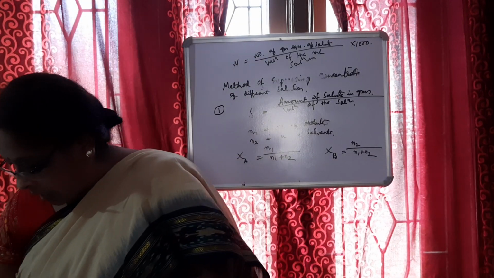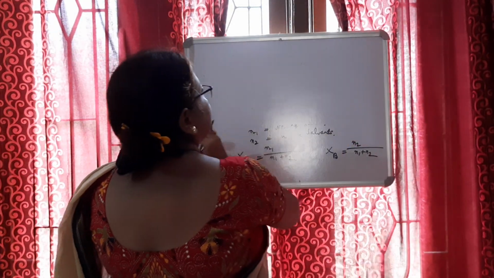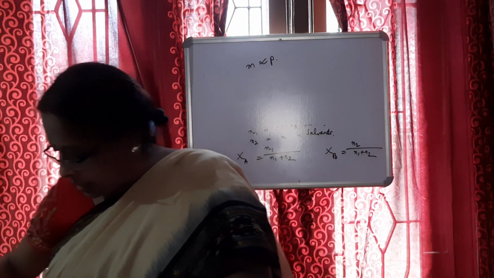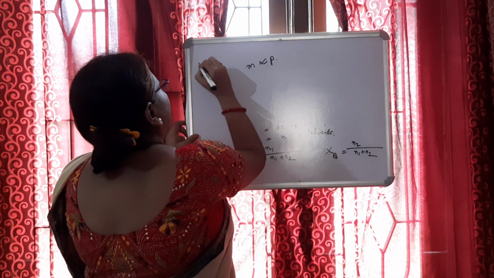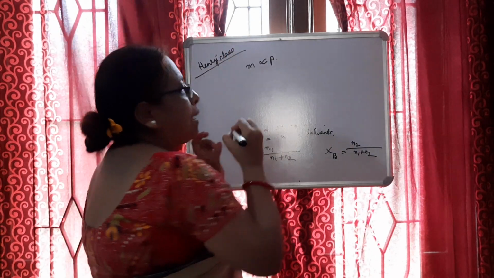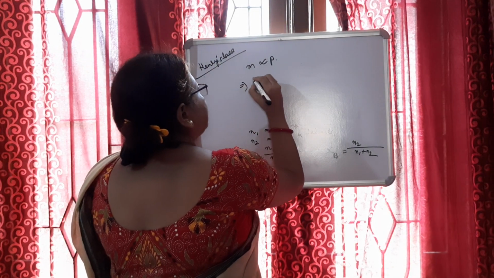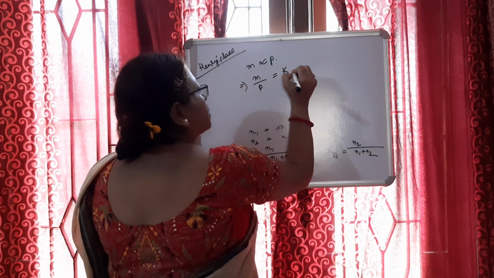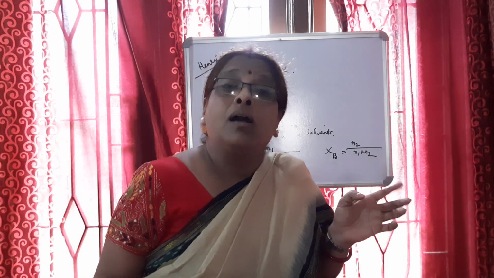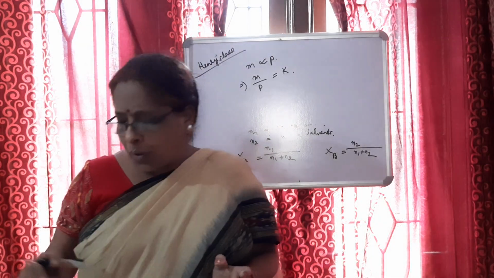That is, M, the mass of a gas, is directly proportional to P. This is our Henry's law. Again, we can write M by P is equal to K, where M is the mass of a gas, P is the pressure, and K is the constant of proportionality. So M by P is equal to K.